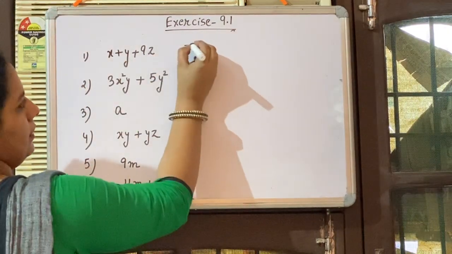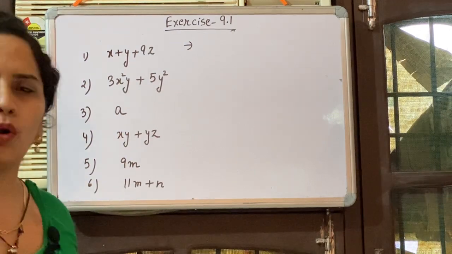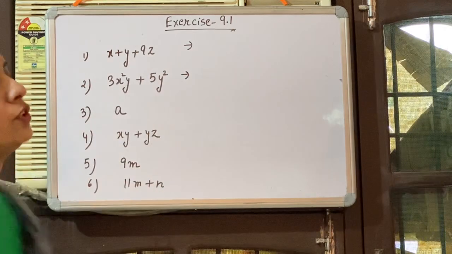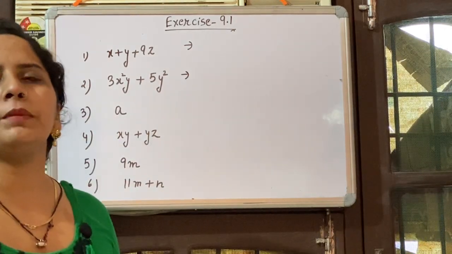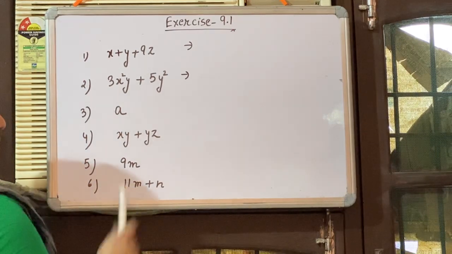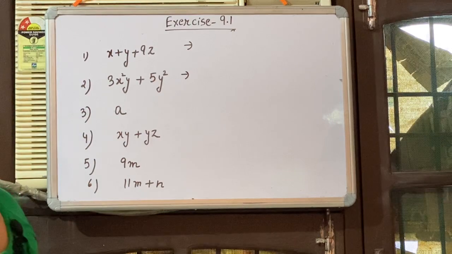First contains three terms, that means this is a type of trinomial algebraic expression. Second one contains two terms, that means this is the type of binomial algebraic expression. Third one contains just a single term, so we can say this is the type of monomial.